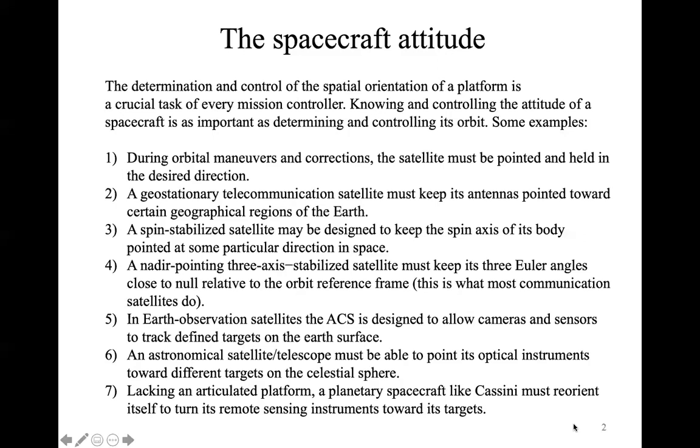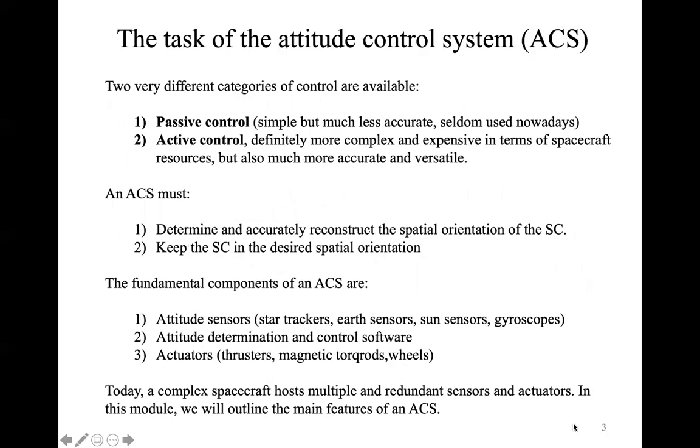In order to approach that problem, we need to distinguish between two different approaches. As you know, in general, you have passive control and active control. Passive control means that you use a specific external force in order to maintain the orientation that you want.